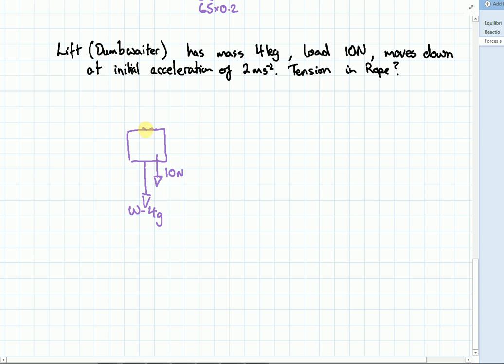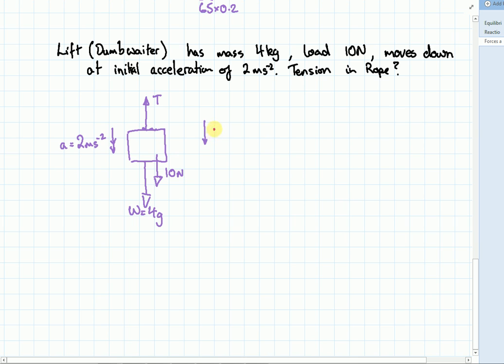And we have a tension cable pulling us up. That's my tension in the line. And we're moving downwards at 2 meters per second squared. Why do I keep writing 3s today? So we need to form our equation to see what's happening.